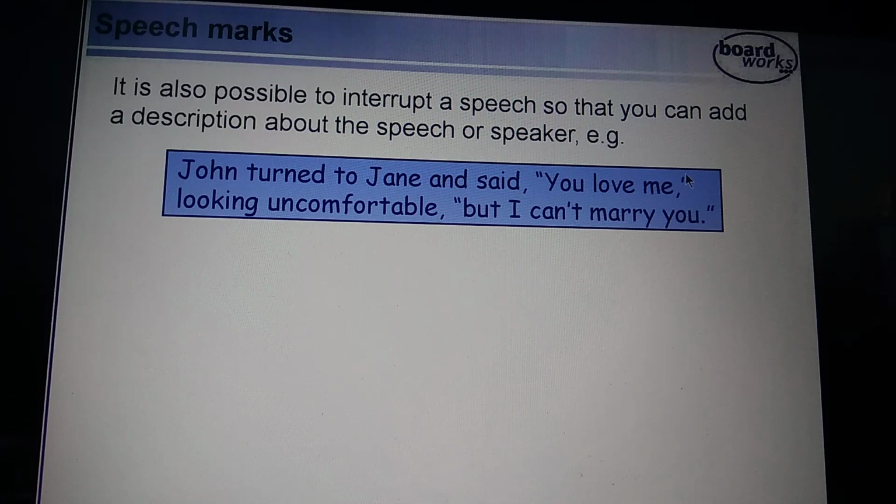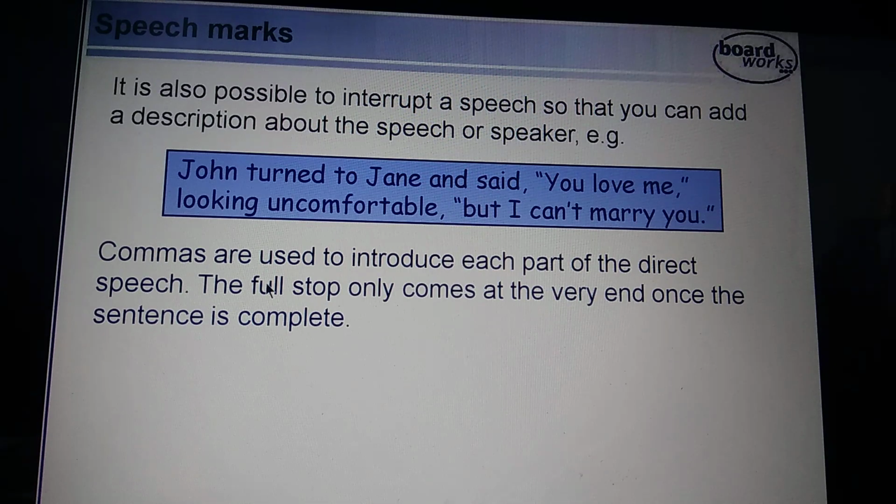Then the quotation ends. Looking uncomfortable, but, again a comma, and the ending full stop is here. Commas are used to introduce each part of the direct speech. The full stop only comes at the very end once the sentence is complete.